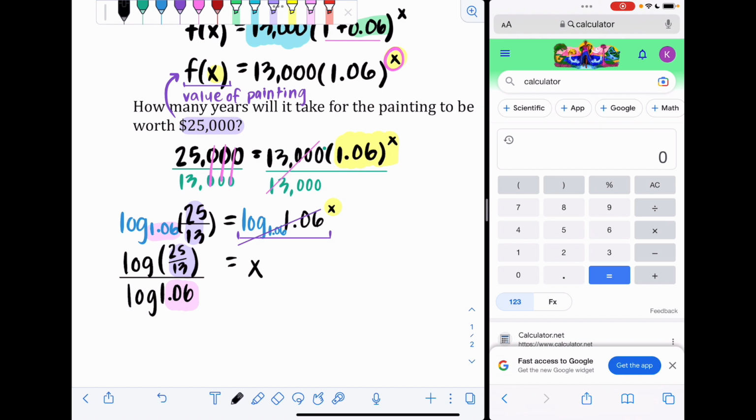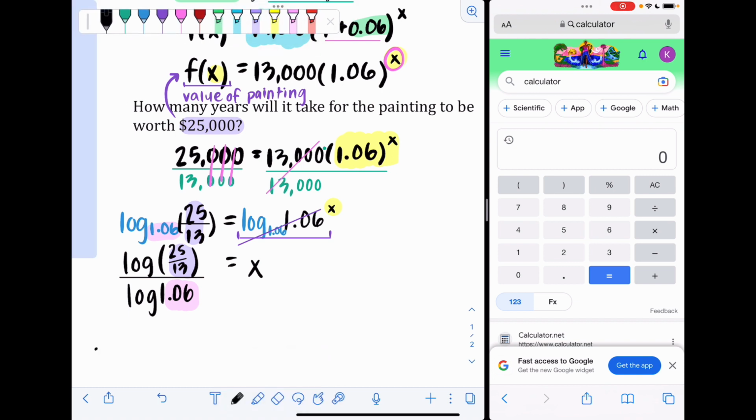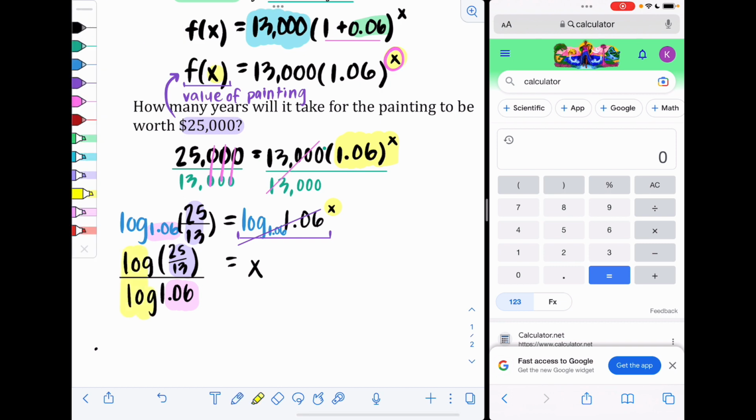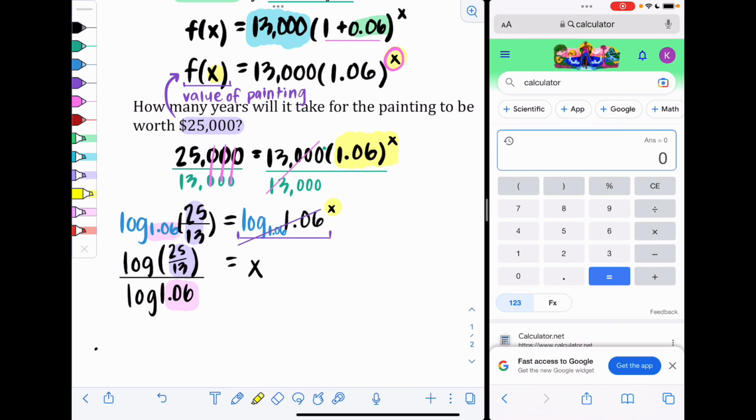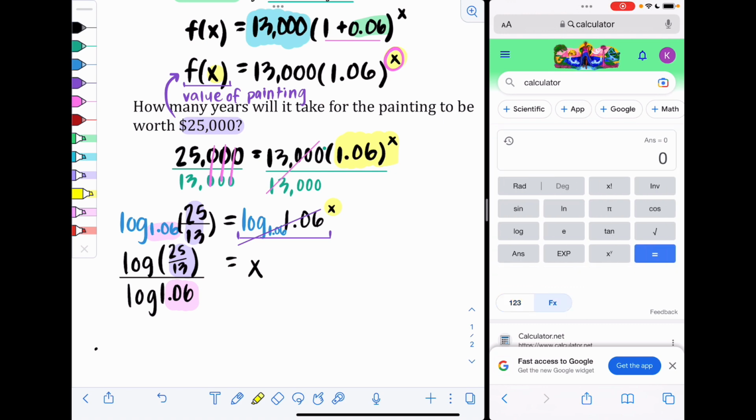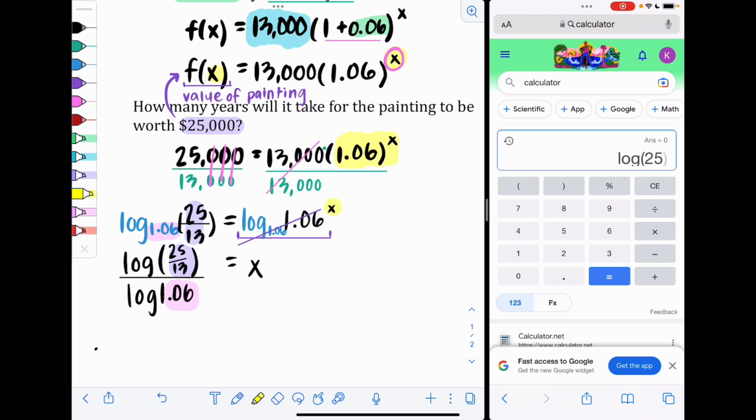So this whole thing can go in the calculator now: log of 25 over 13, over log of 1.06. Just be careful when you're typing it in. We'll do log of 25 over 13. To type that in, you can do 25 divided by 13 and then close the parentheses, since 25 divided by 13 is the same thing as 25 over 13.